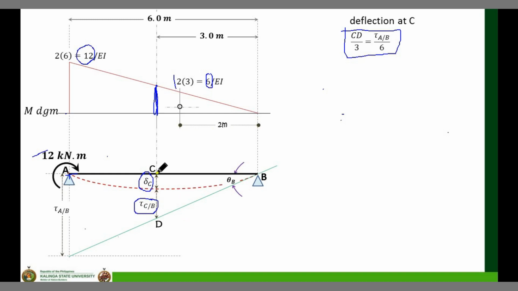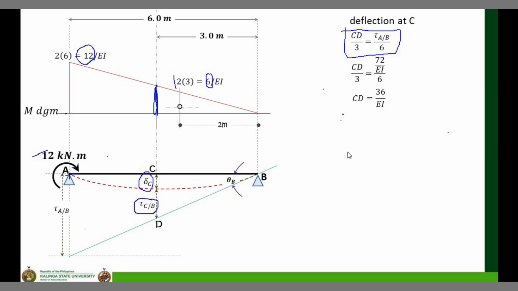So I need to get the value of the distance from C to D, then the value of tCB, to get the deflection at point C. So I get CD using similar triangles or ratio and proportion. We solved tAB, which is equal to 72 over EI. And from that, my CD is equal to 36 over EI. So that is the value of CD.